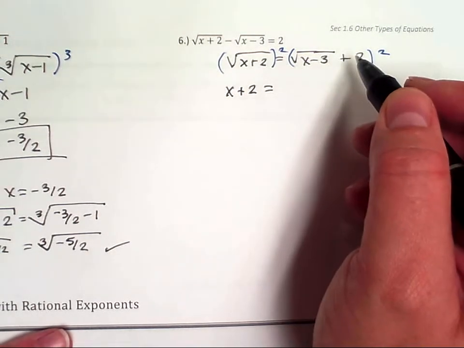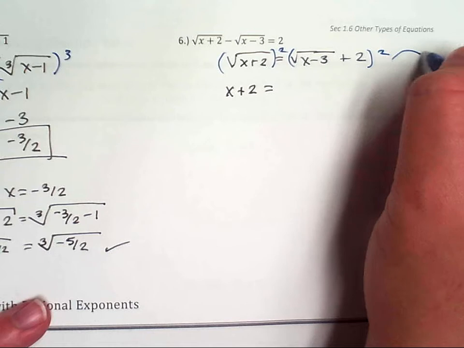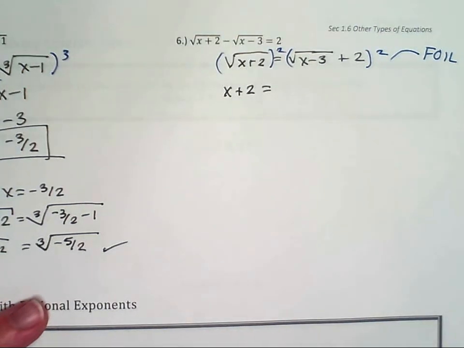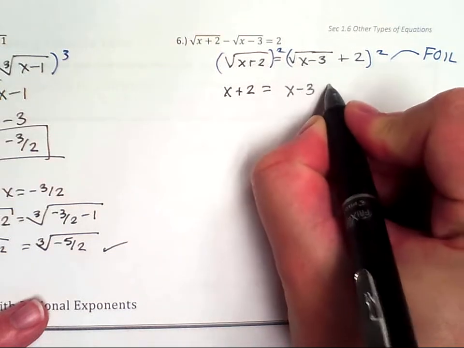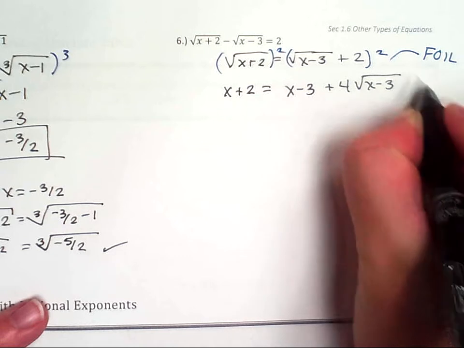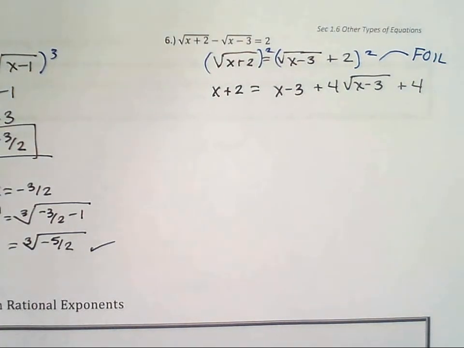So can I just do that, or should I write down an in-between step? So that's FOIL, right? So I FOILed and combined my like terms. Is that okay?